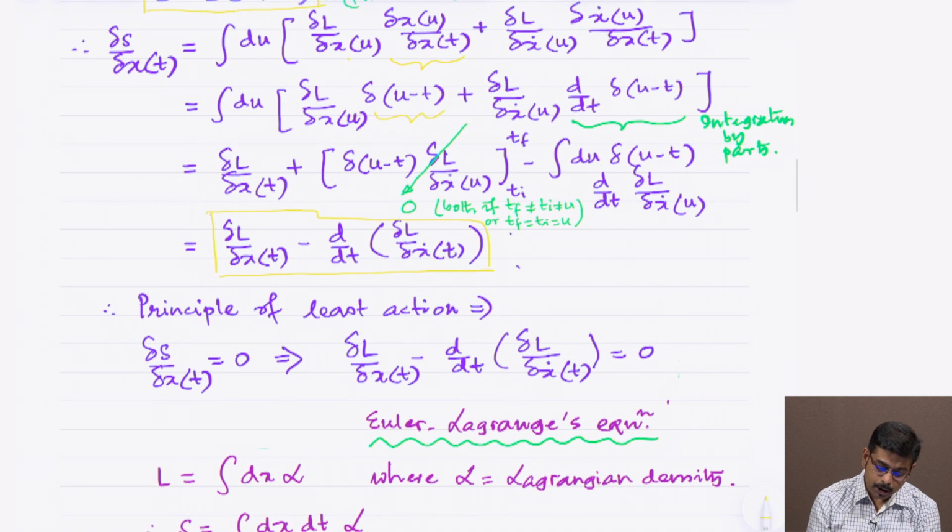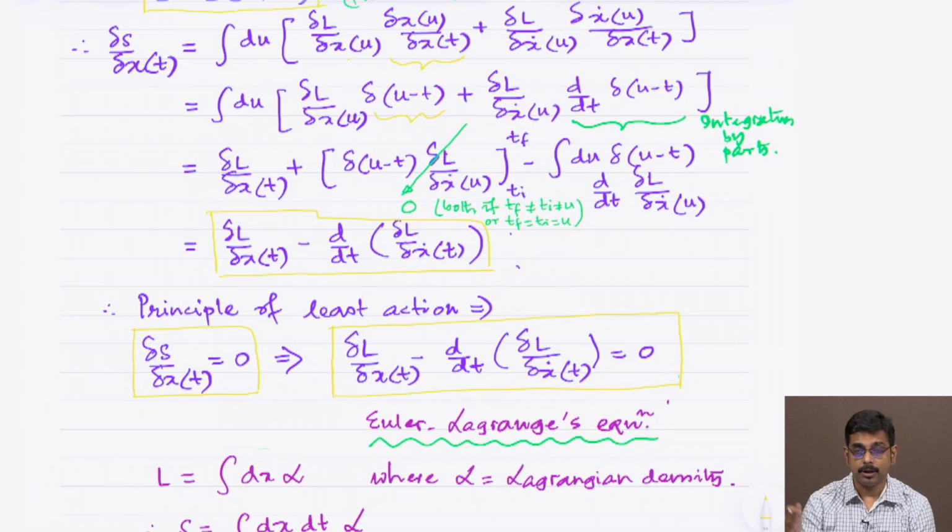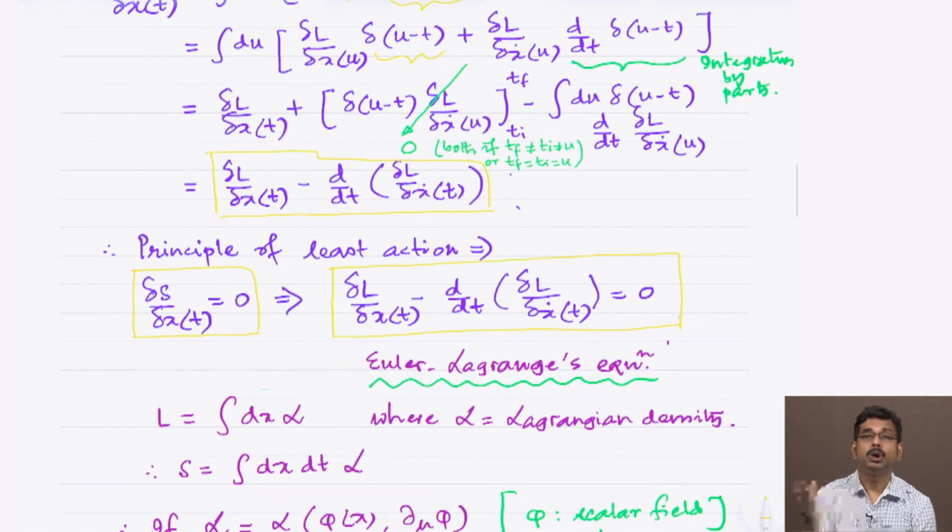So, the principle of least action, which says that the action must be stationary, del S by del x t equal to 0, leads to the relation that del L by del x t minus d/dt of del L by del x dot t must be equal to 0, and this is what we call the Euler-Lagrange equation.